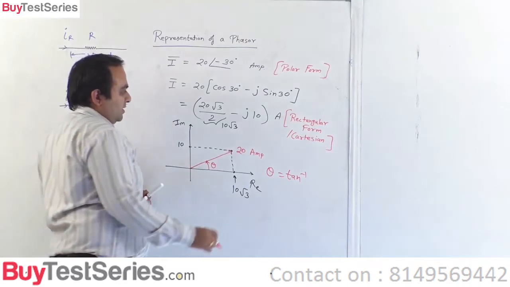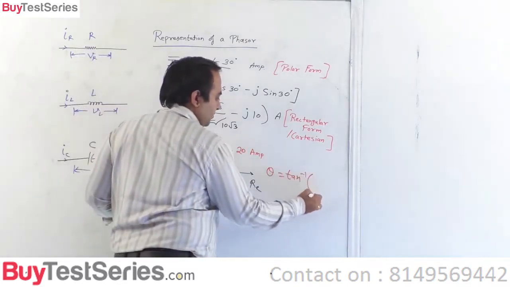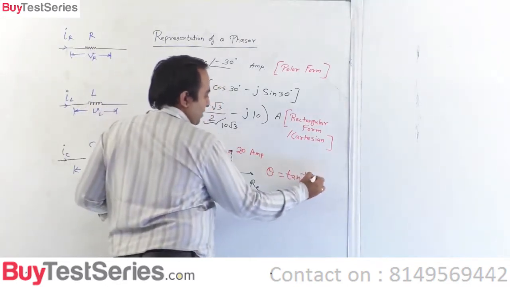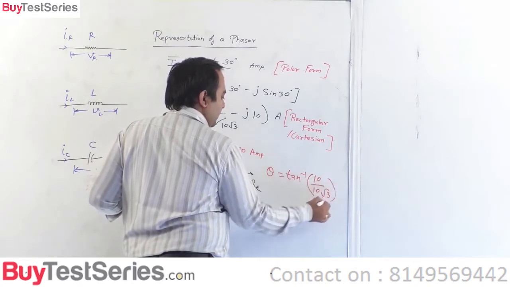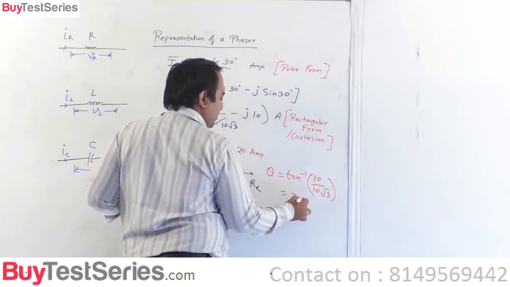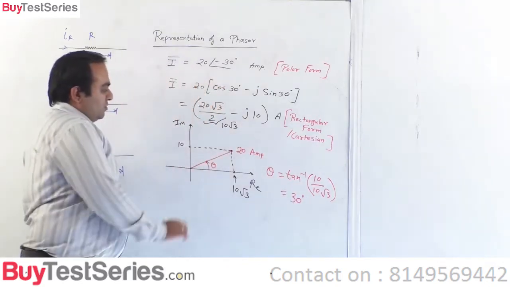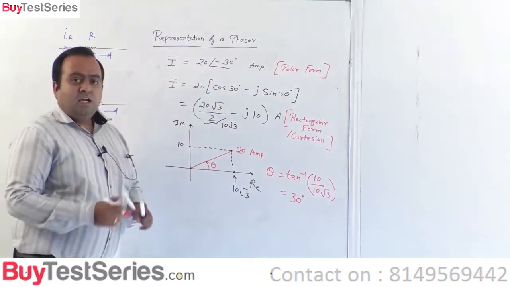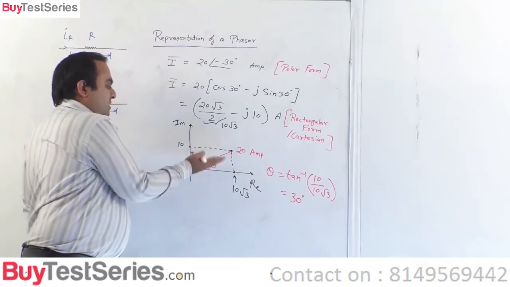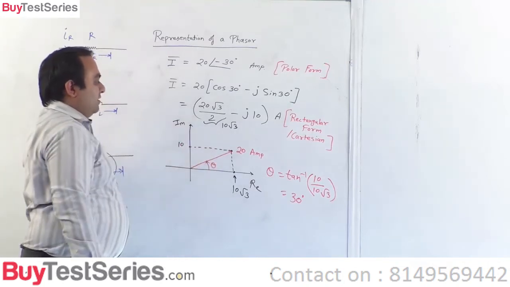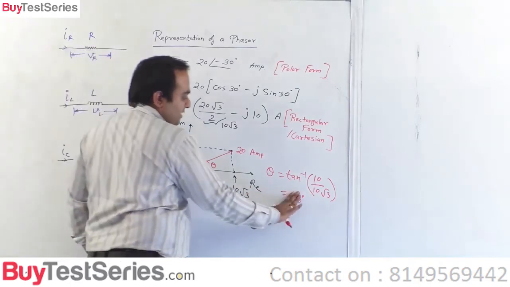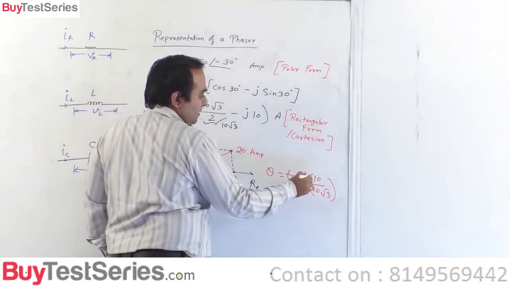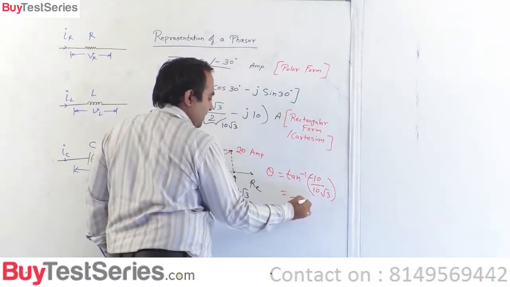So tan inverse 10 upon 10 root 3, so it is equal to 30 degrees. So this is the phasor. This 20 ampere phasor has an angle of 30 degrees, or here, since this imaginary part is negative, it will be minus 30 degrees.